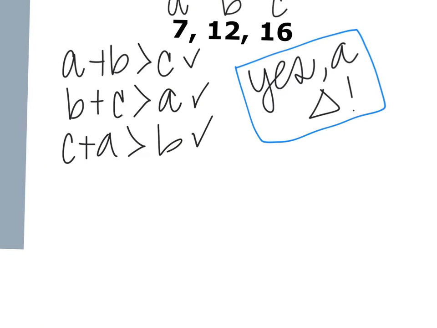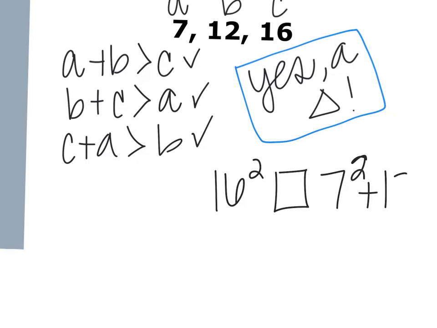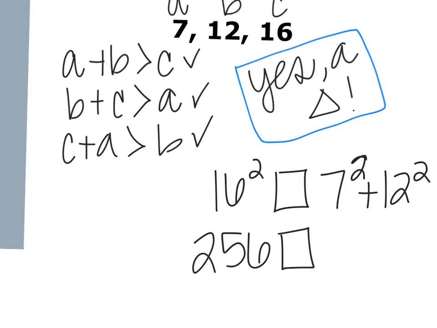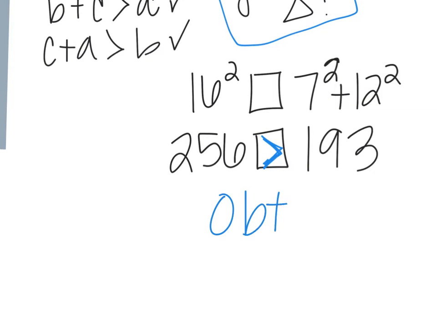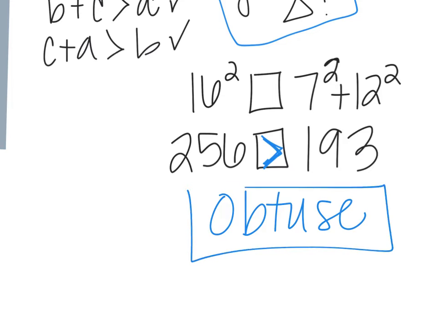Now we just have to see what type. 16 squared versus 7 squared plus 12 squared. 16 squared is 256. 7 squared plus 12 squared is 193. 256 is greater than 193, so we have an obtuse triangle.